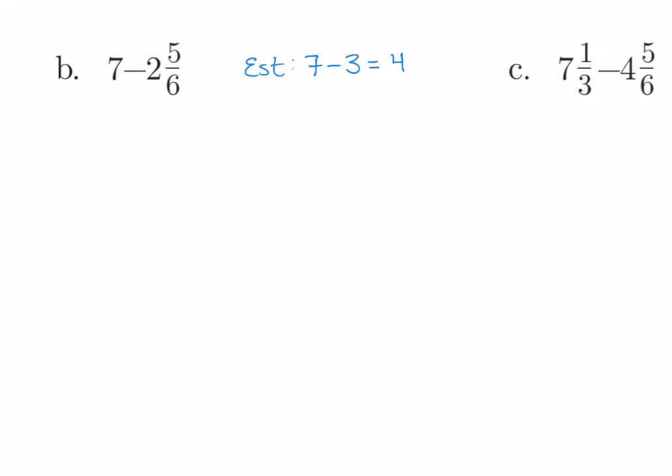All right, so let's go ahead and do the exact now. So we have 7 minus 2 and 5/6. Now, one of the things to remember is that we are subtracting.